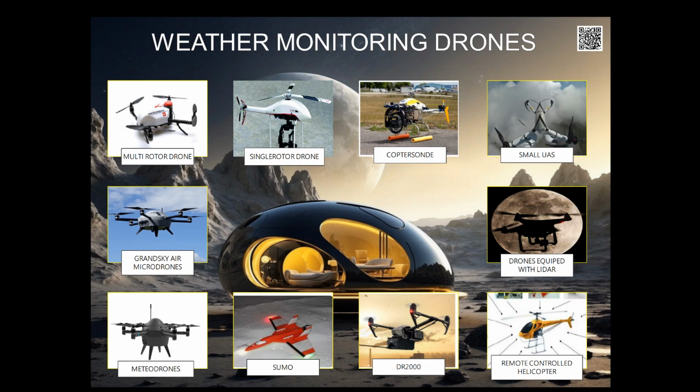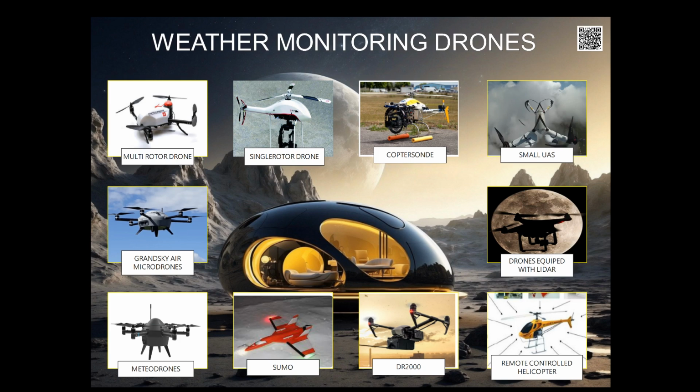So these are similar in nature. They have multi rotors, but they are very small, not as big as the common multi rotor drones. And they can be used for specific parameters only. They cannot carry much load. Okay. So if you want to carry multiple sensors with you, you have another option.